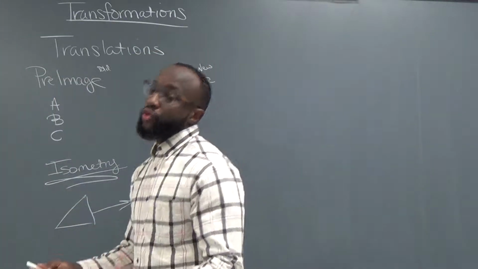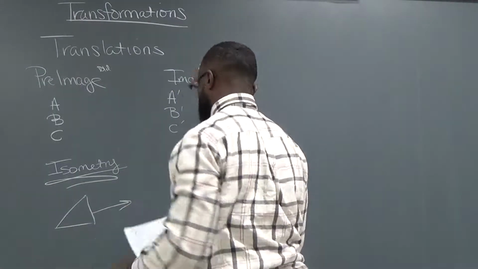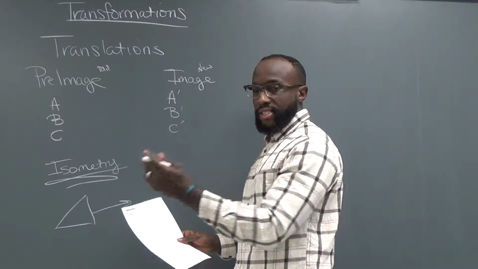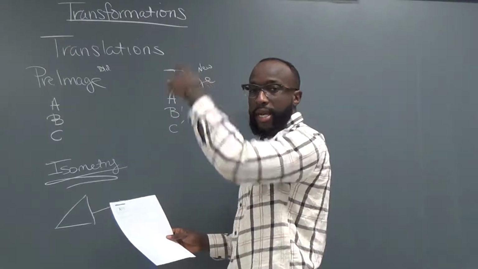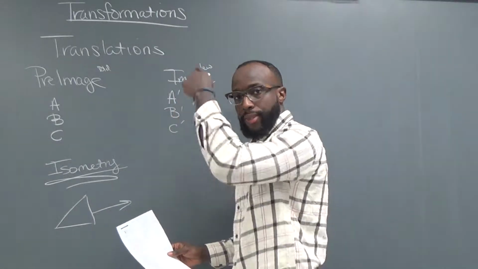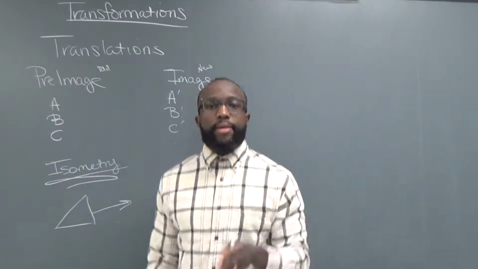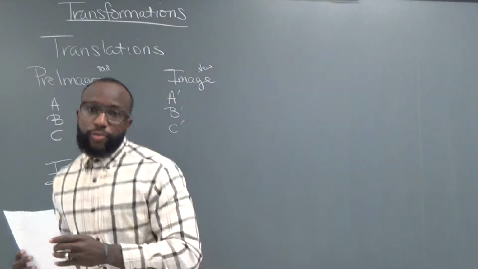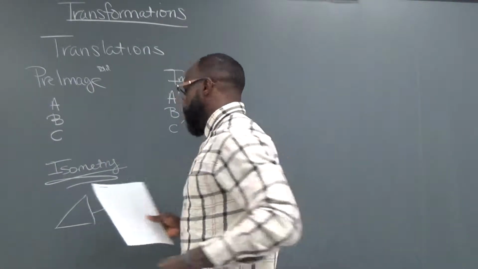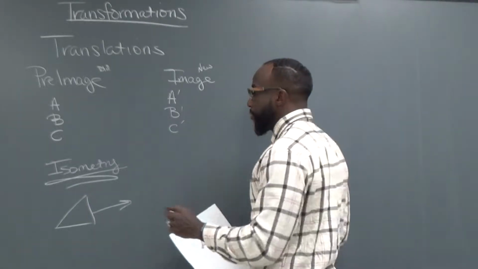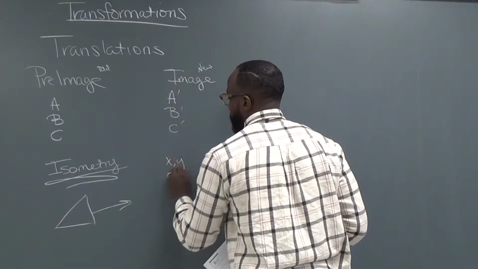Now let's talk about some rules of translation, right? Again, the only thing it changes is its position. So it moves either up and down in relation to the coordinate plane, or from left to right, or diagonal. That's the only way it moves, right? Okay, so the movement, they tell you it moves based on its notation.